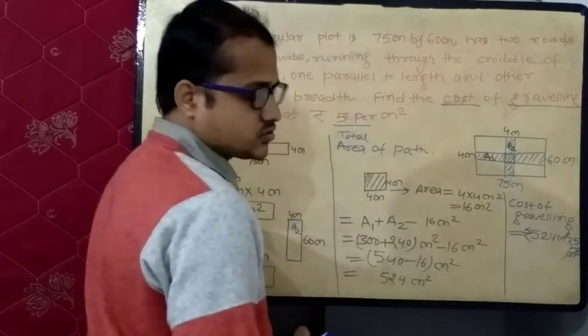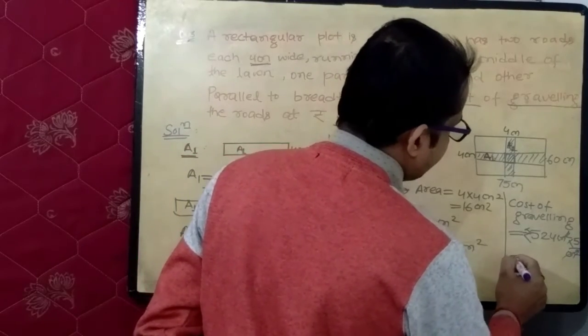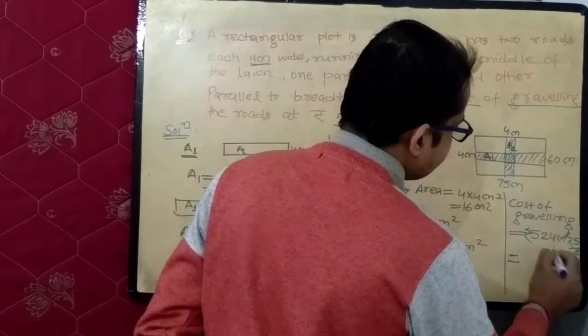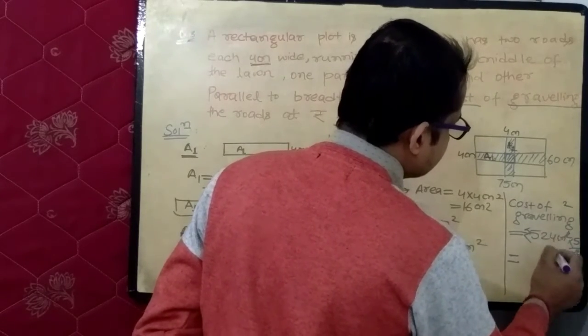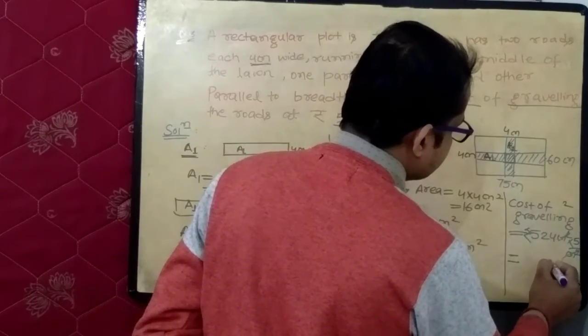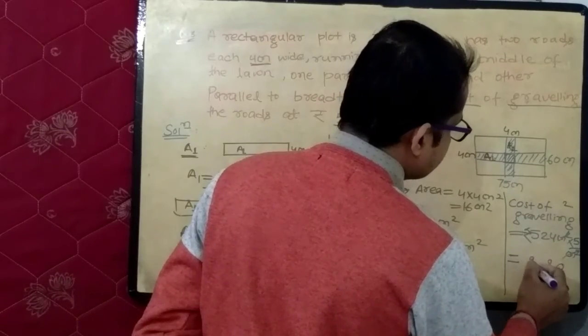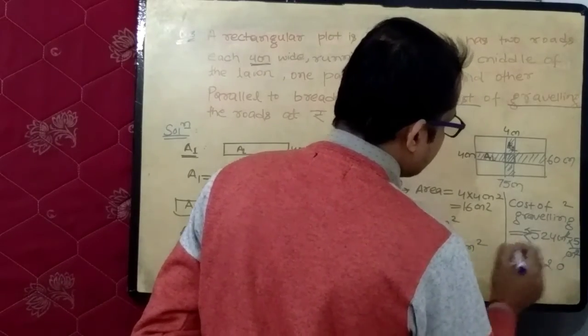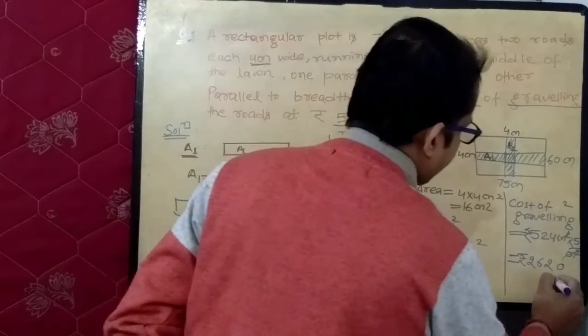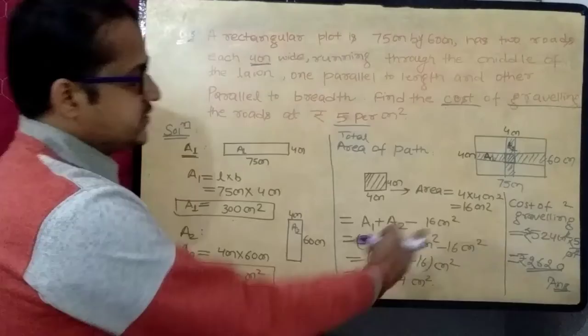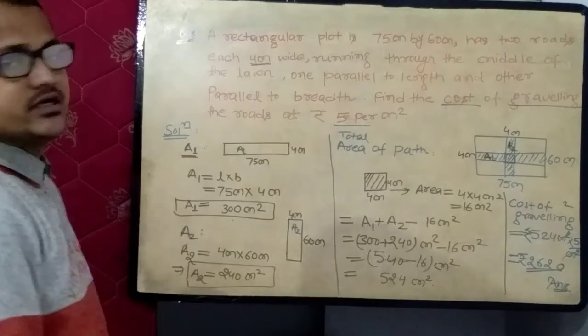This meter square will get cancelled out, and you will get rupees 2620. This is final answer. That will be the cost of graveling the roads.